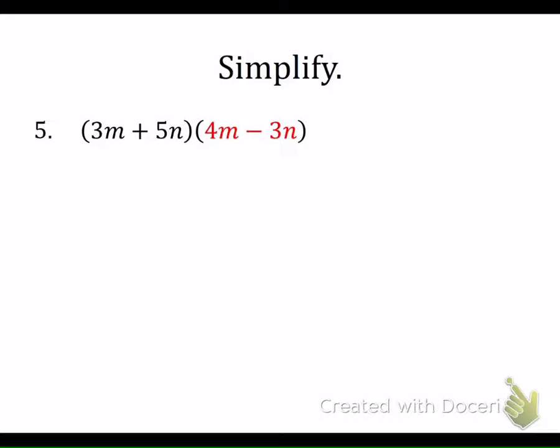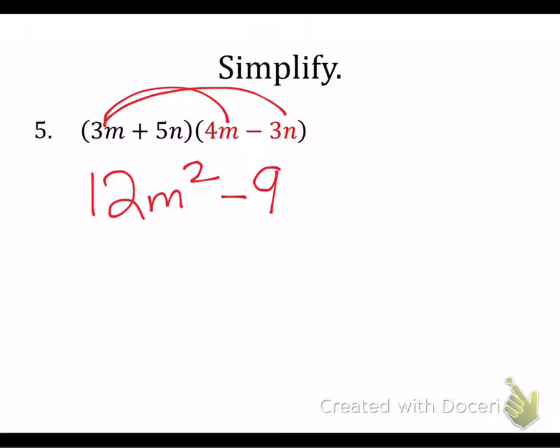All right, here's number 5. What should I do? Distribute. What is 3m times 4m? 12m squared. Good. What is 3m times negative 3n? Minus 9mn. You multiply the 3 and the 3, and then the m and the n just stay m and n. All right.